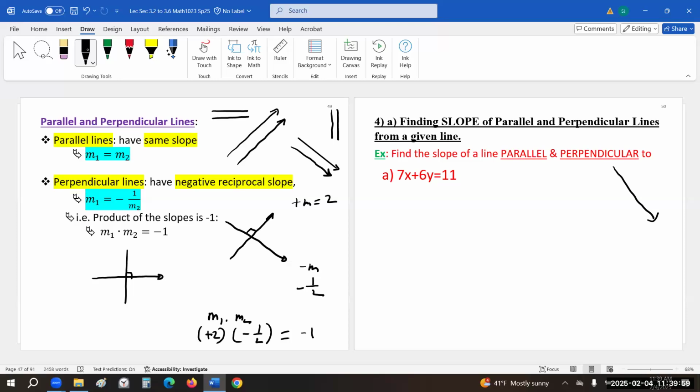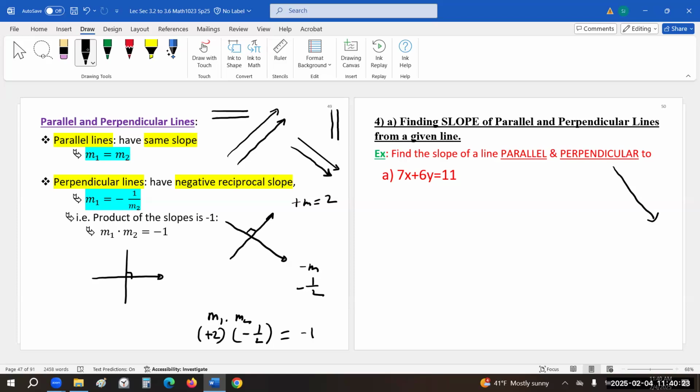Okay. So in order to find the slope of the parallel and perpendicular line, what must we see in this line? What's going to help us to find the slope of the parallel and perpendicular line from this given line? How do I know this line is a decreasing line?